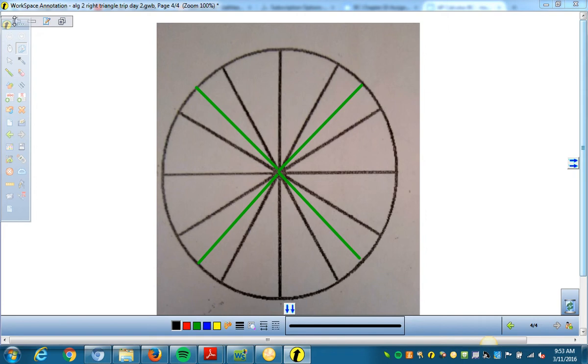Okay? If you recall yesterday when we did the unit circle, we said that the sine was the y of the angle, the cosine of the angle was the x, and the tangent was the y over x. All right. So the first thing we want to do is start labeling our angles and our radians.